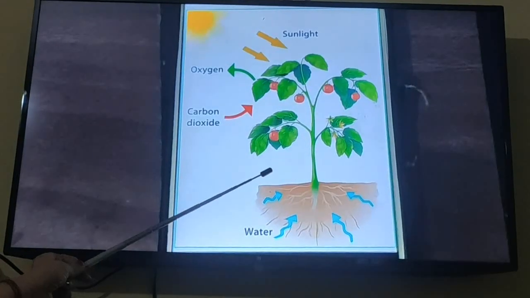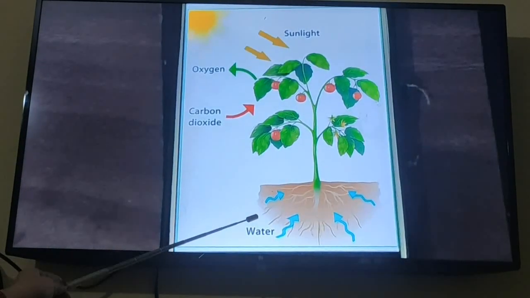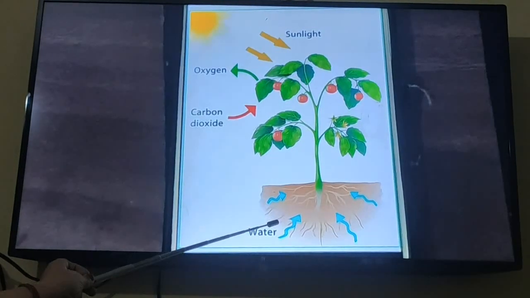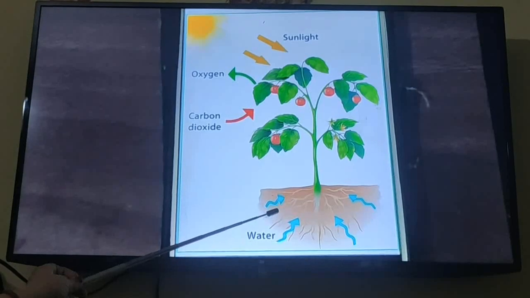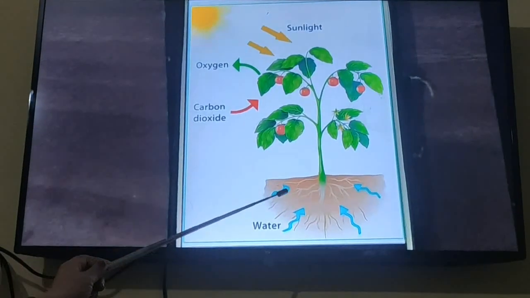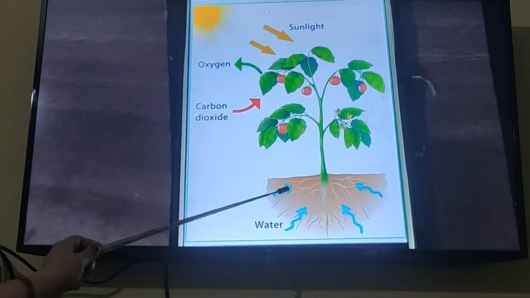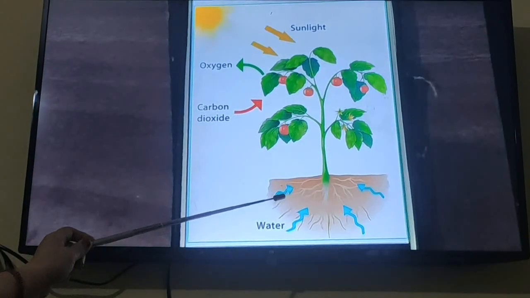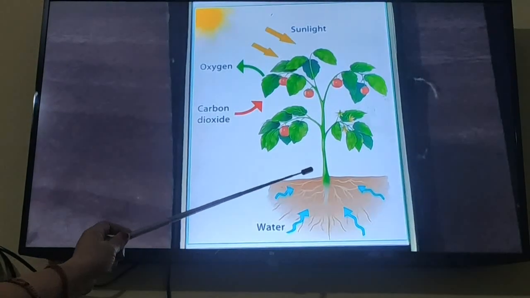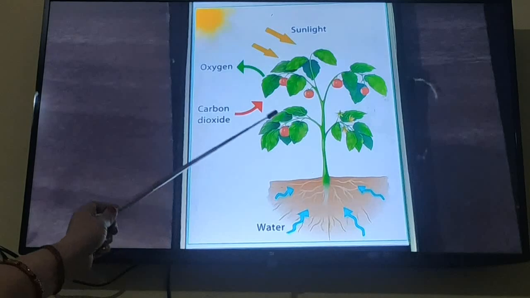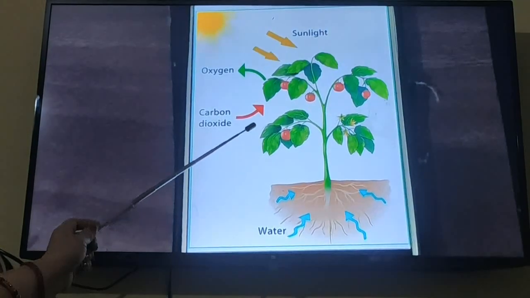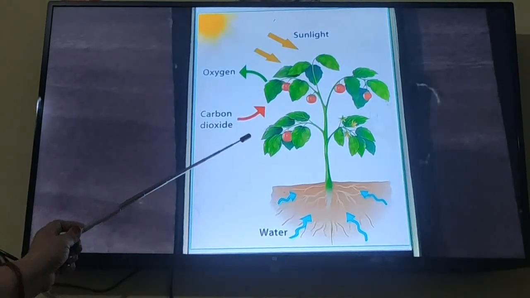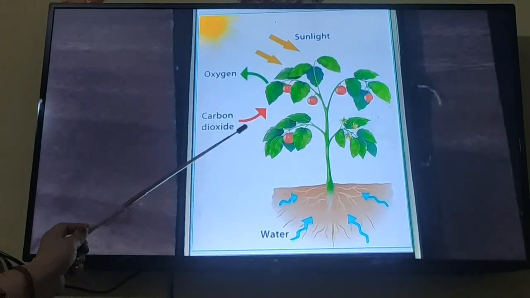And the water they absorb from the roots. The roots absorb water and minerals from the soil and send them to the stem, and then from the stem the leaves get water and minerals to prepare their food through photosynthesis.